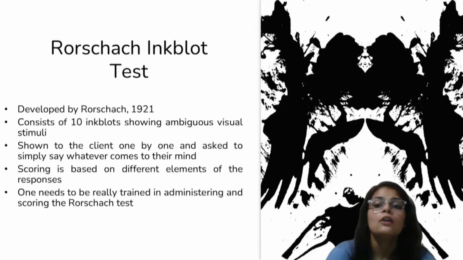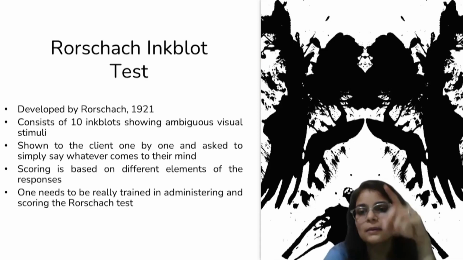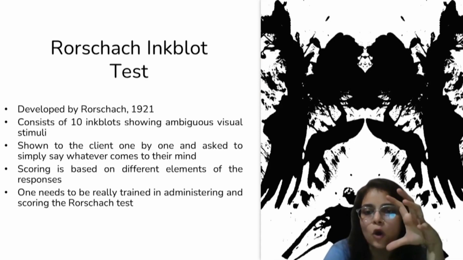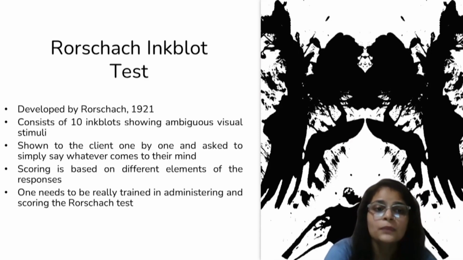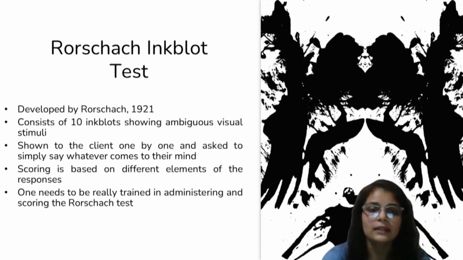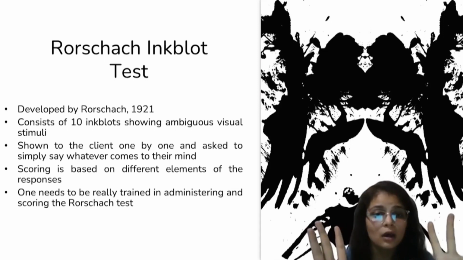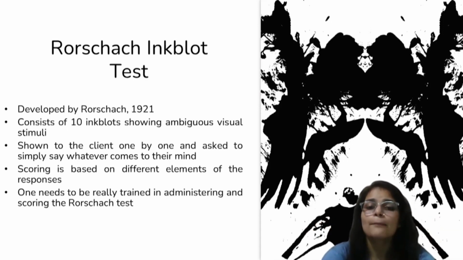So let's move ahead. Rorschach ink-blot test. You can see in the picture there is an ink blot. This ink blot is one of the cards from the Rorschach ink-blot test. It was developed by Rorschach in 1921. It consists of 10 ink blots, which show ambiguous visual stimuli, as you can see behind me. They are shown to the client one by one, and the psychologist asks them to say whatever comes to their mind.